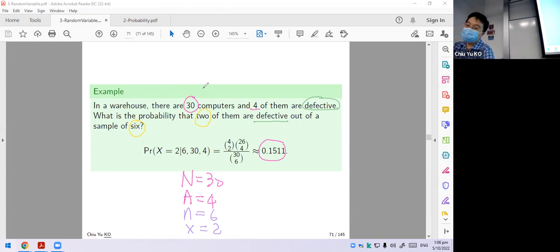You can try it yourself at home, say suppose you have 3,000 computers, and so on and so forth. There's actually no difference. So when big N is very big, calculating with binomial makes no difference. But in many cases, you don't have such a big N, right? So that's why hypergeometric comes in handy.